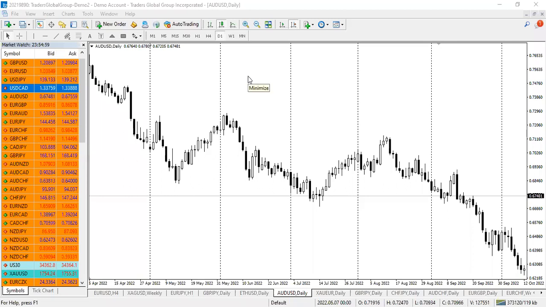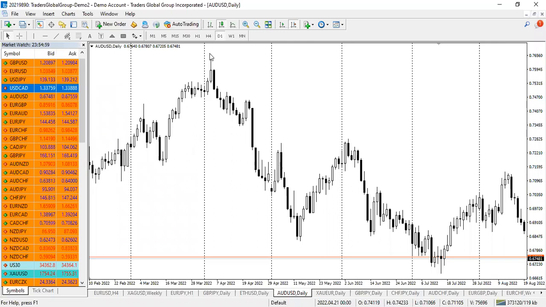Yeah, B to C is a range. So let's take an example here. C to D is also a range. Now, I want to draw my Fibonacci.